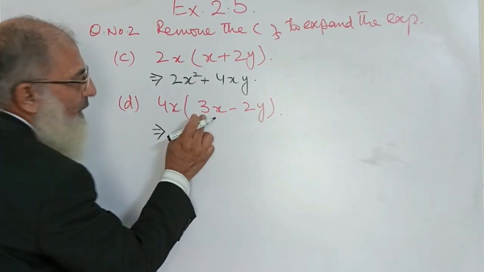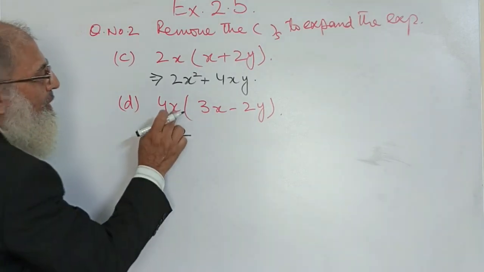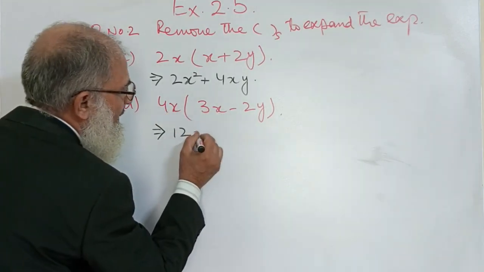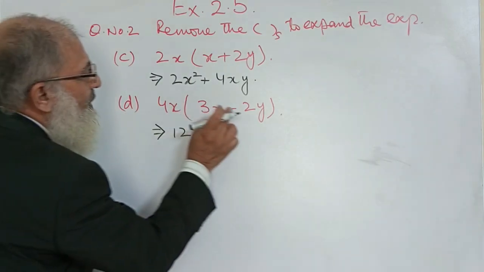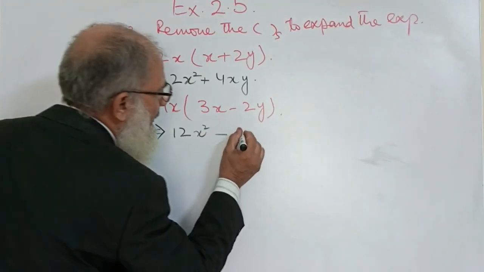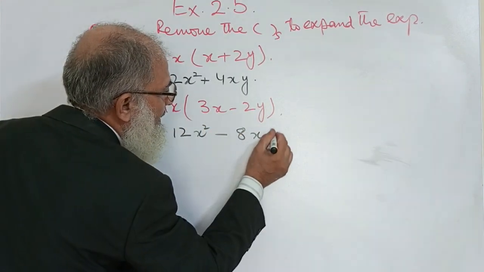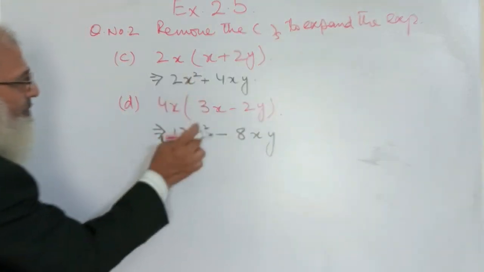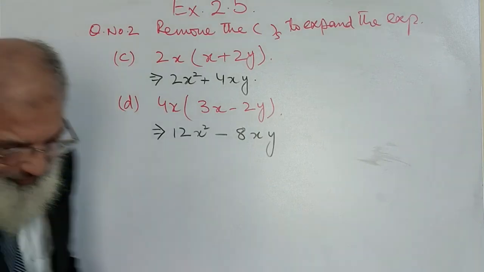So 4 multiplied by 3 is 12. Sign is positive. x multiplied by x is x square. Okay. Plus multiplied by minus is minus. 4 multiplied by 2 is 8. x multiplied by y is xy. Just like this. But the only difference is the minus sign.